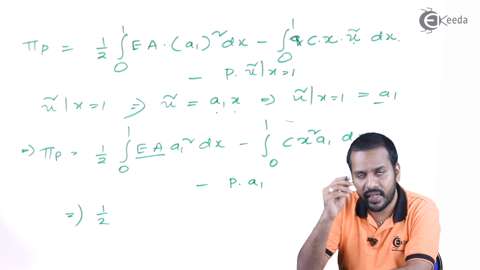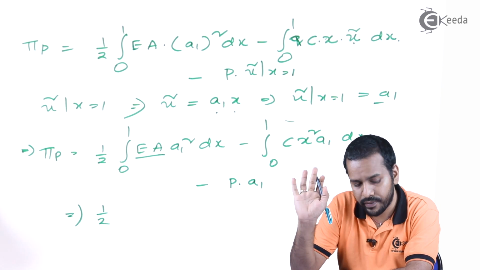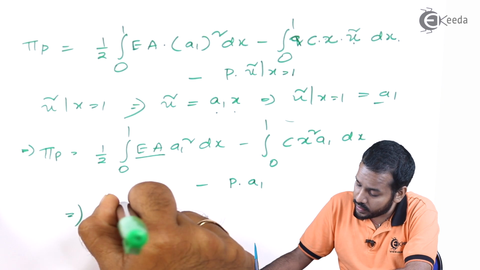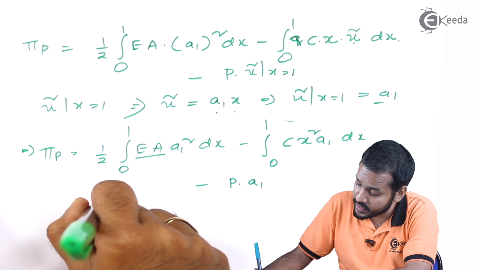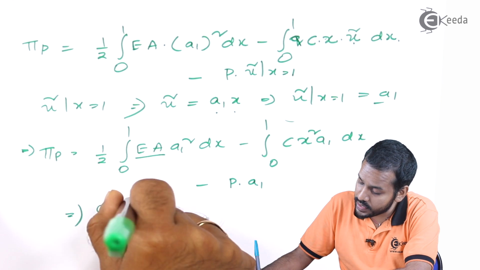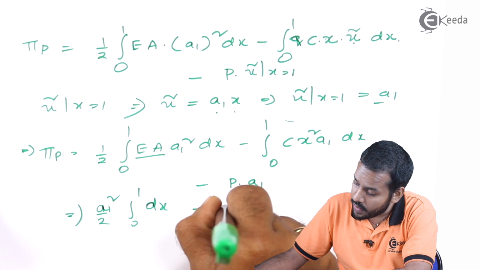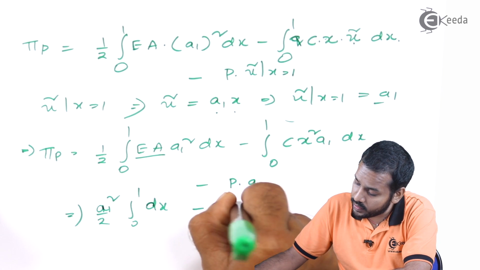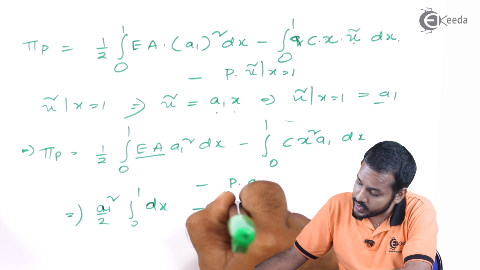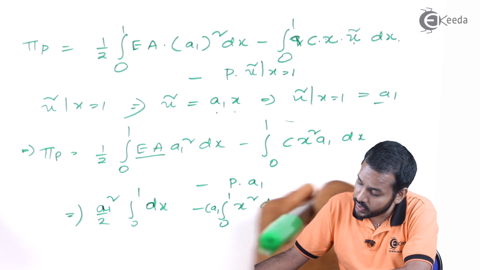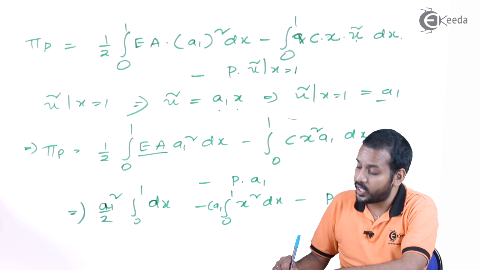If you assume this entire EA thing as unity, then it can be written as a1 square by 2 integral 0 to 1 dx minus integral 0 to 1, this is C a1 into x square dx minus P a1.